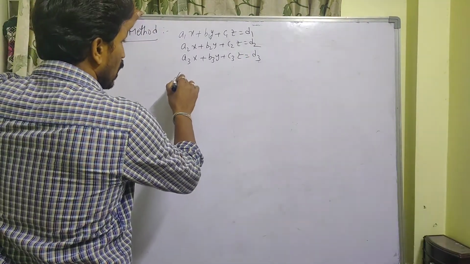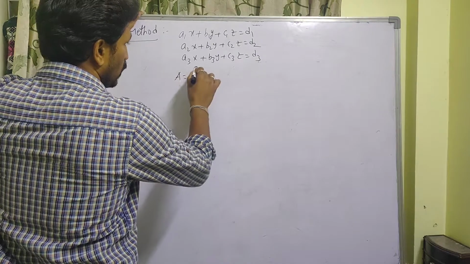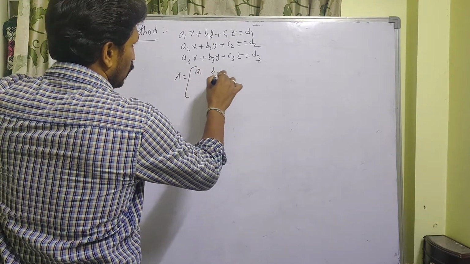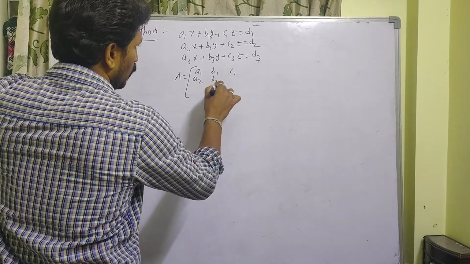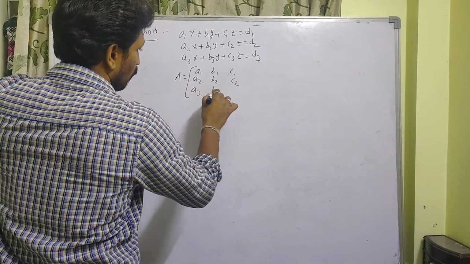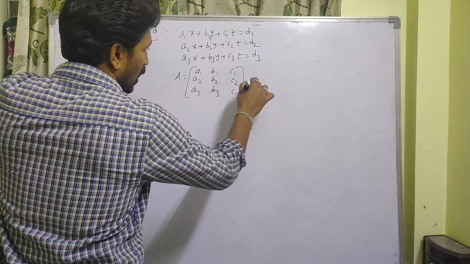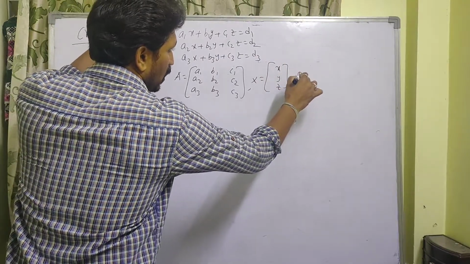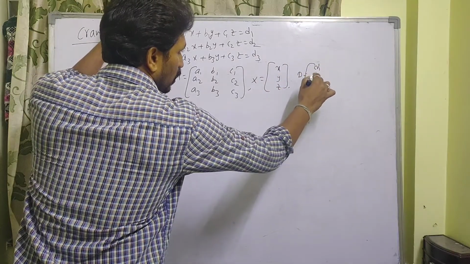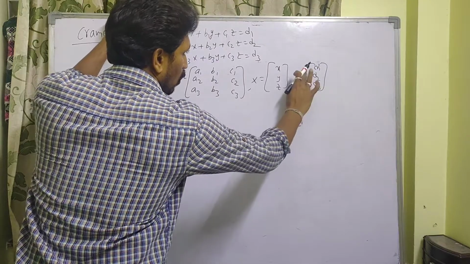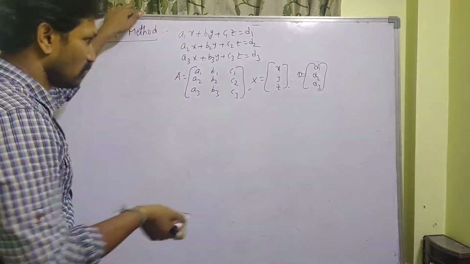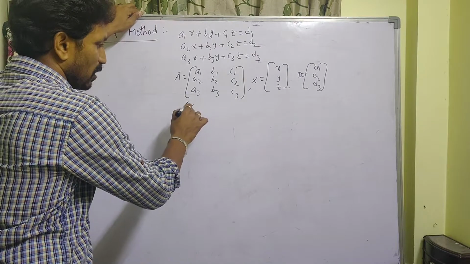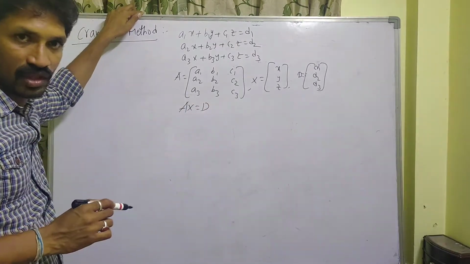So here matrix A is nothing but a1, b1, c1, a2, b2, c2, a3, b3, c3, and X is nothing but x, y, z, we know very well, and D is nothing but d1, d2, d3, constants. This is the constant matrix. So the matrix equation form is AX is equal to D. Okay.